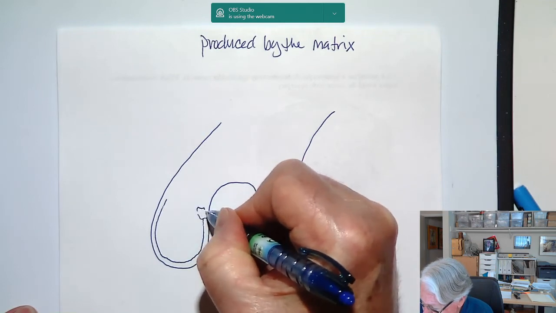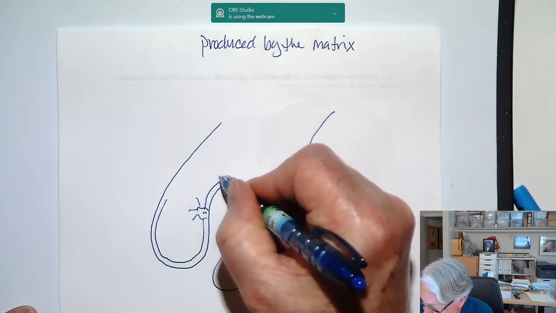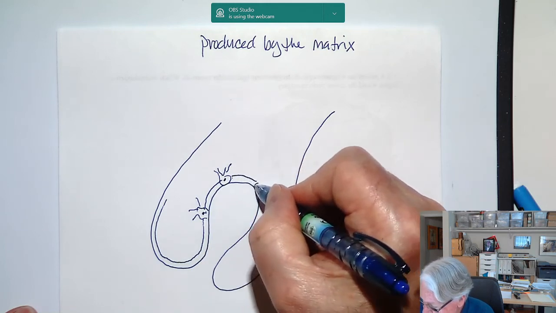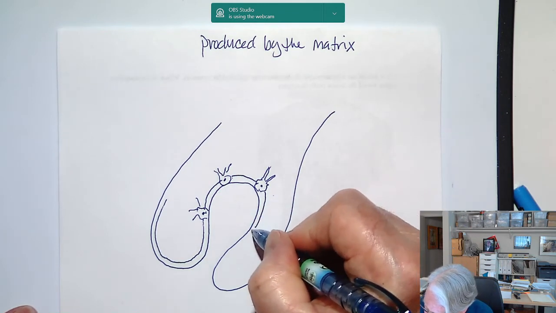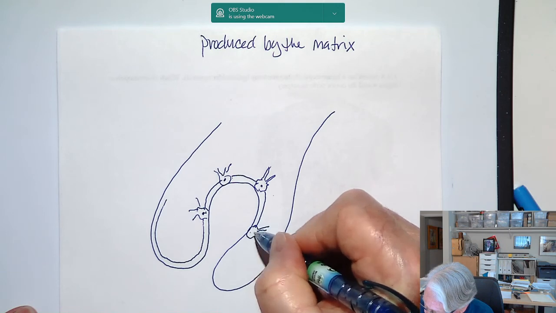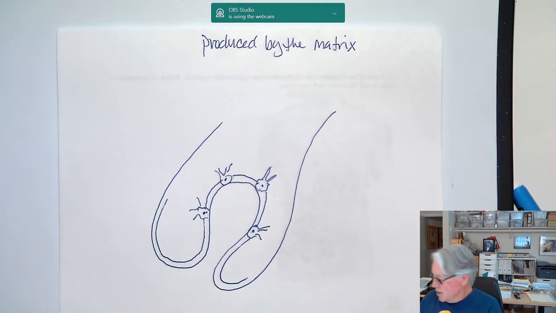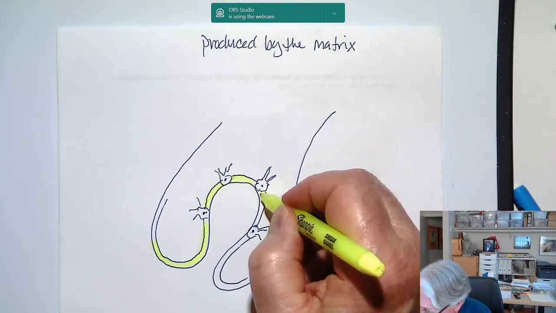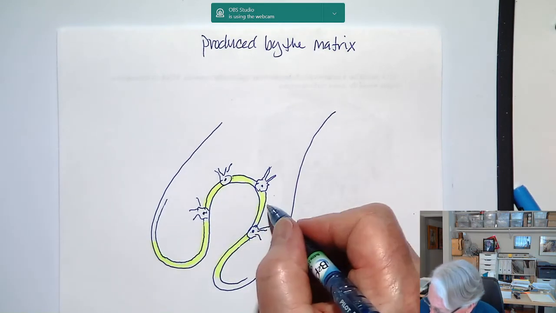And then we have... Okay. So let's go ahead and use yellow to indicate that this is going to be our matrix. Okay. So this is the matrix.